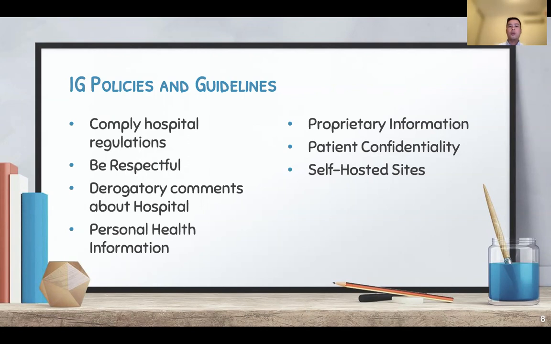The next policy and guideline is personal health information. Employees may not post any personal health information to any social media sites, including patient photos. Doctors may not use social networking sites to give medical advice.